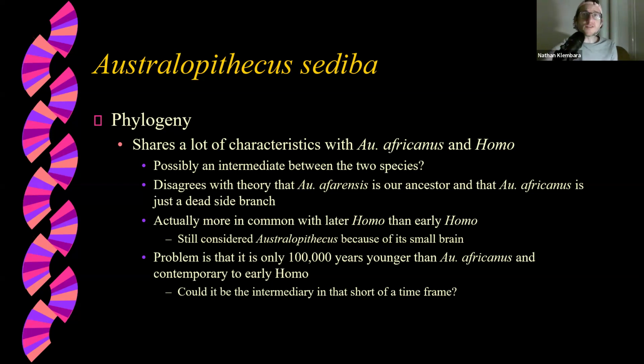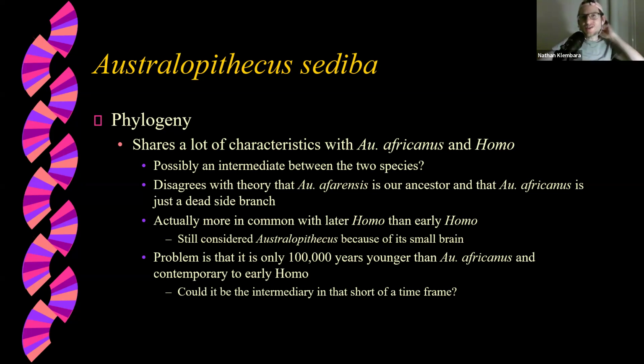So it might also be a link between the genus Australopithecus and our genus, Homo. If this is true, then any of the stuff about afarensis or garhi being ancestral to Homo has to be thrown away, and we instead have to start thinking that it's the southern clade, the Africanus-sediba clade, that's actually ancestral to us.